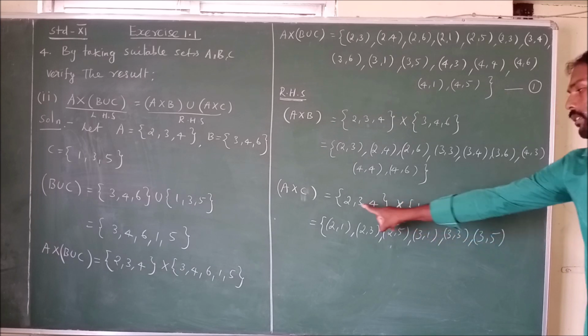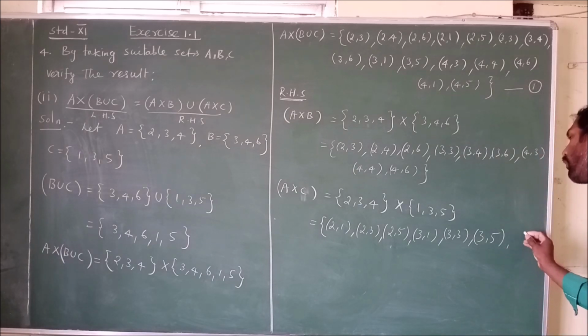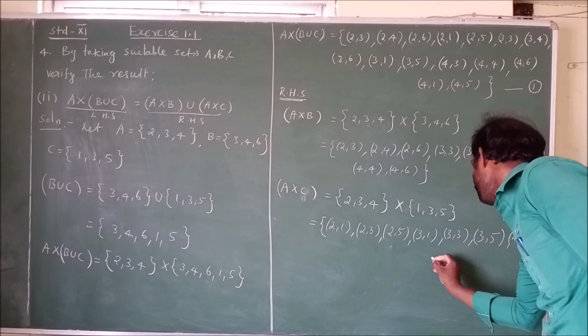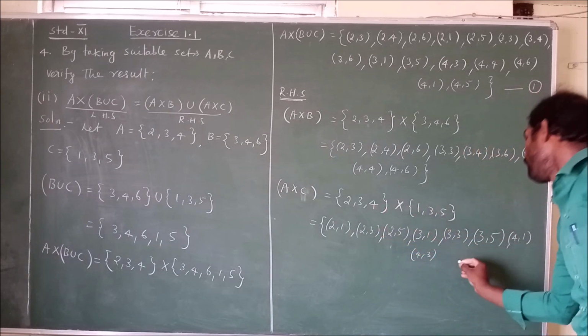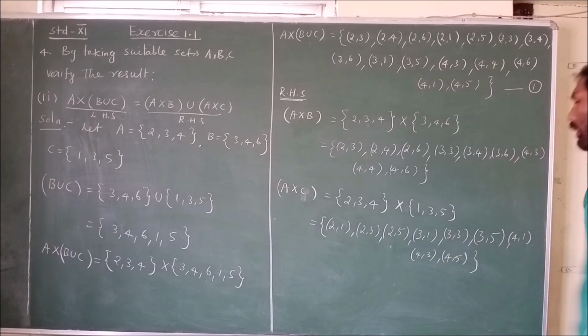Third element: 4 comma 1, 4 comma 3 and 4 comma 5. This one is the third group of pairs.